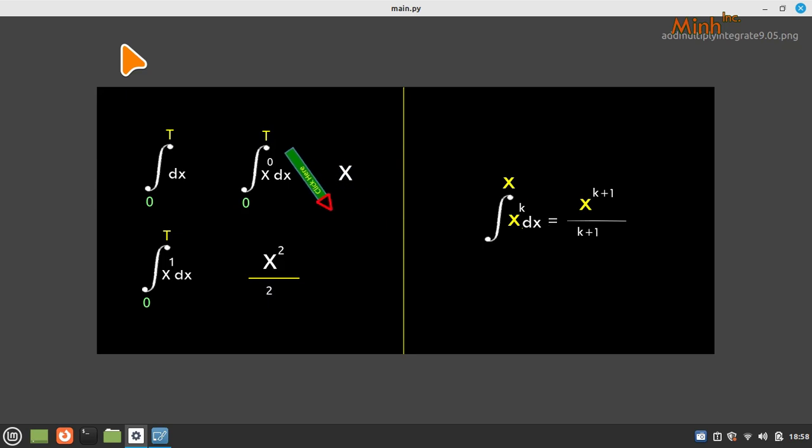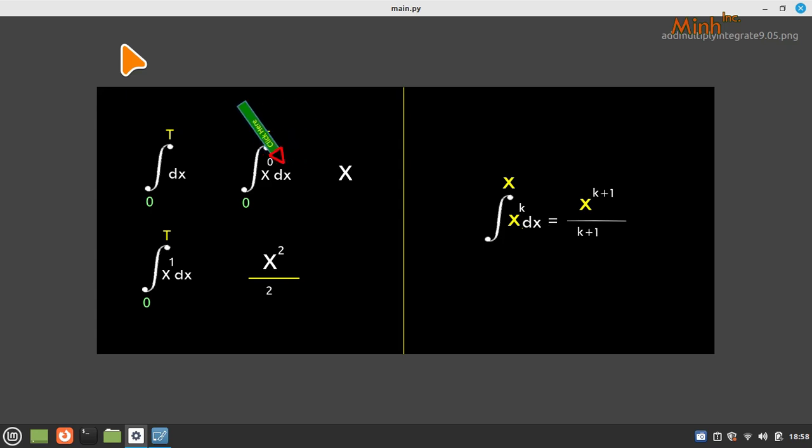Now if I just say integration of dx, it becomes x to the power 0 dx, and it is x. And if I say integration of x to the power 1, meaning x dx, it becomes x squared by 2. So this is a triangle, area of a triangle, and the other is a rectangle, in the sense of x into a constant.